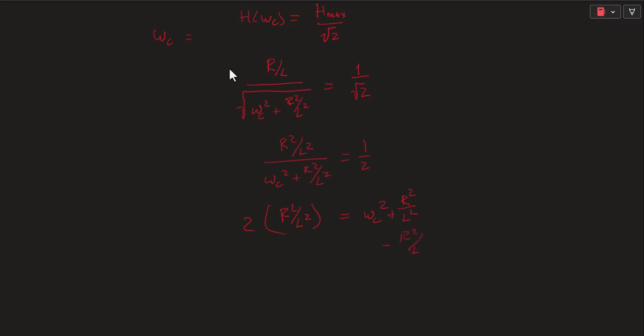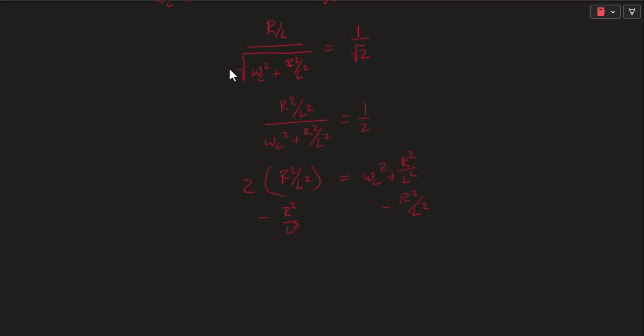Subtract r squared over L squared from both sides. 2r squared over L squared minus r squared over L squared is just r squared over L squared, which equals omega c squared, or omega c equals r over L. So for an RL circuit, our cutoff frequency is r over L, which would not be surprising. What do you think it would be for an RC circuit? Would you guess RC? Well, we'll see in a minute. Okay, so that would be our cutoff frequency.